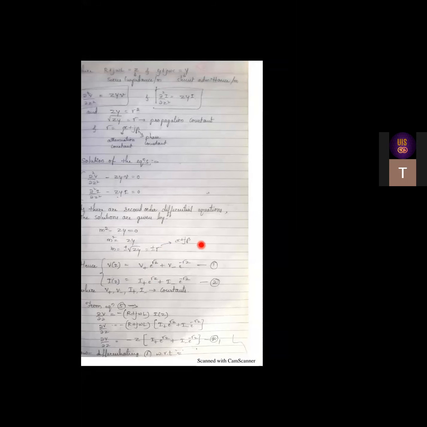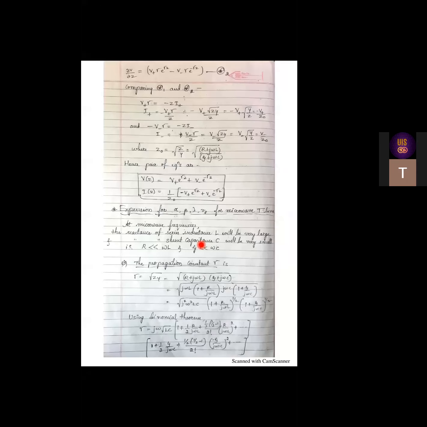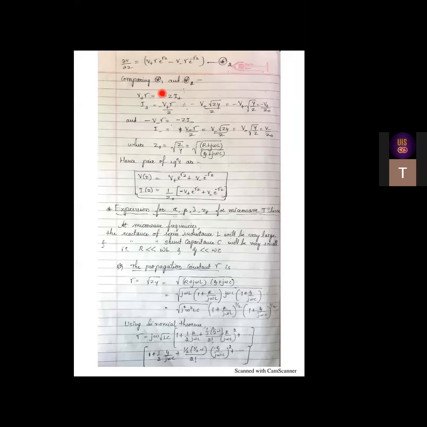Four constants are there. So, in order to find these constants easily, we can express I plus and I minus in terms of V plus and V minus. We did that in the previous class. With that, we got these things. We have represented I plus in the form of V plus.